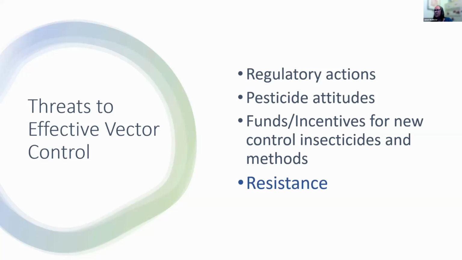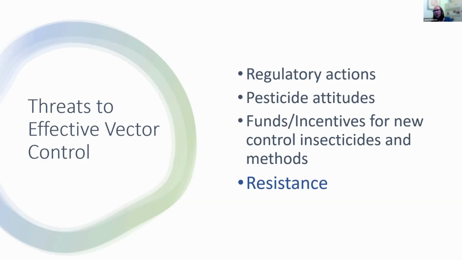Funds are always an issue. There's a lot of great ideas out there, and sometimes you know what you need to do, but you just can't do it because you can't afford to do it. And I lump in also incentives for new control insecticides and methods, because it's very expensive for companies to produce new mosquito control products, particularly for vector control, and get a return on that investment.